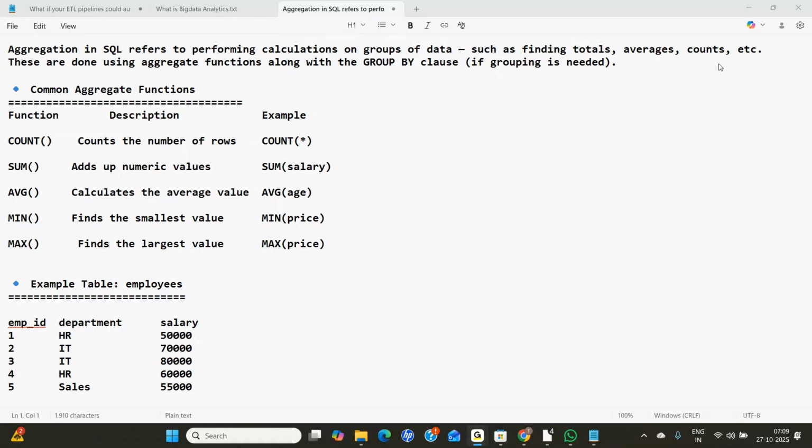Okay, fine, guys. Today we are going to discuss one more very important topic, which is required in the implementation of data engineering projects or while designing end-to-end pipelines.